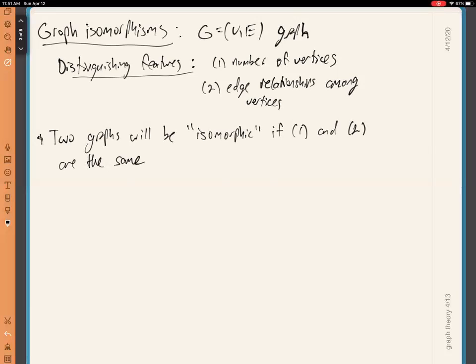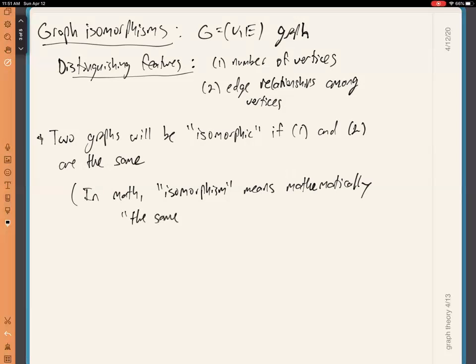Right, and so more generally in math, the word isomorphism, which arises in a variety of different subjects, usually means the same as, mathematically, meaning certain important features are the same. I'm putting this in quotes because it doesn't mean they're identical.